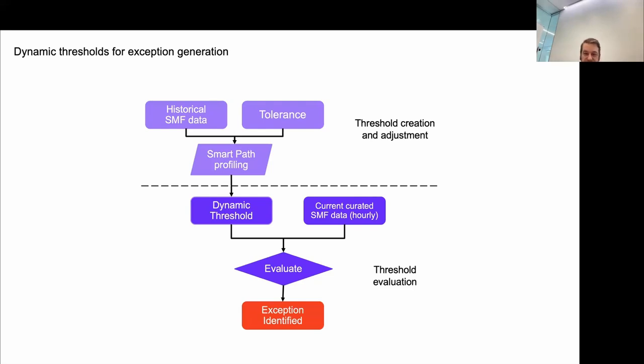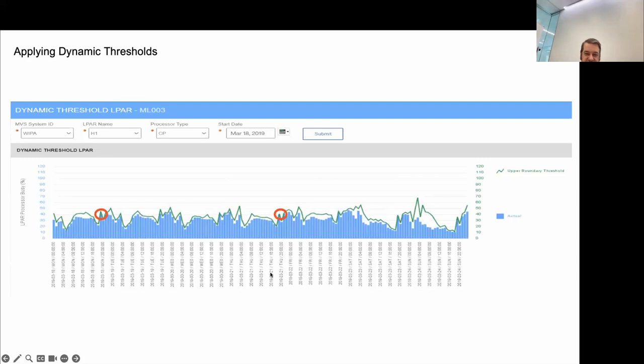We also apply a tolerance value, which allows you to set up the width of the path that is being profiled. That then creates that dynamic threshold for every hour across the week. As the data comes in and is processed on an hourly basis, we evaluate it and decide whether we fall within the area or not. If we do not, then we get an exception. Here's an example of where that might be occurring, a simpler version of this.